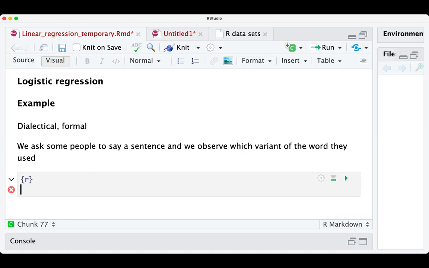So at the end of the day, we have some data which is done in the following way. So we have a form, which can be either dialectical or formal, and let's put some randomly generated data.